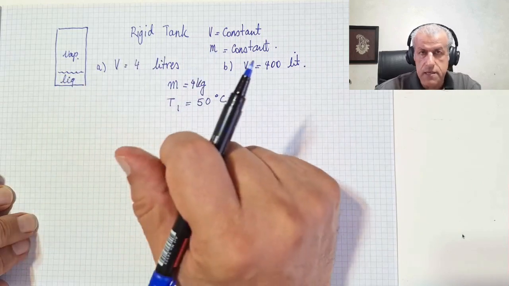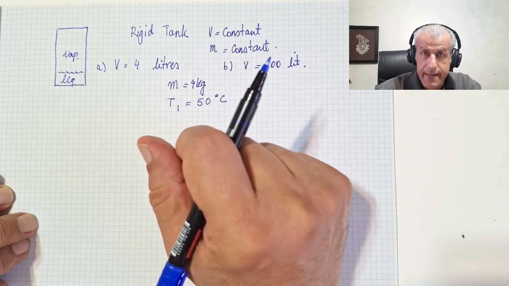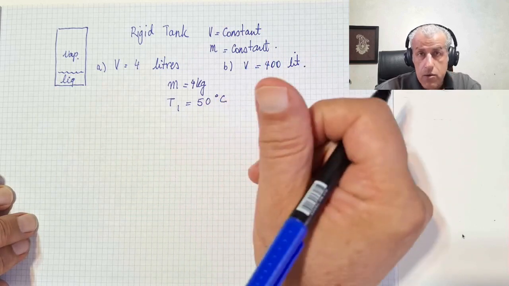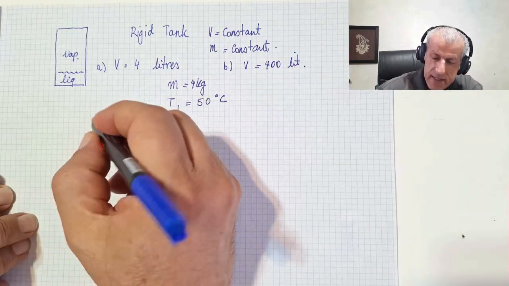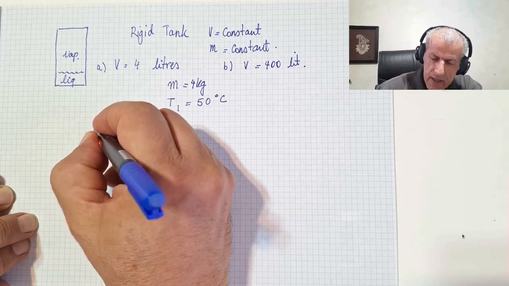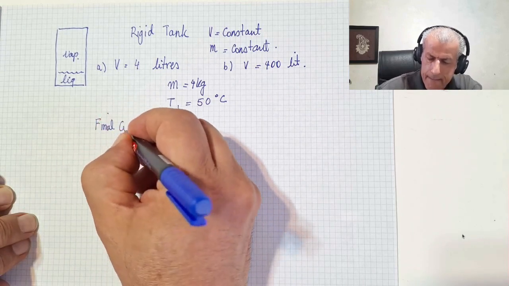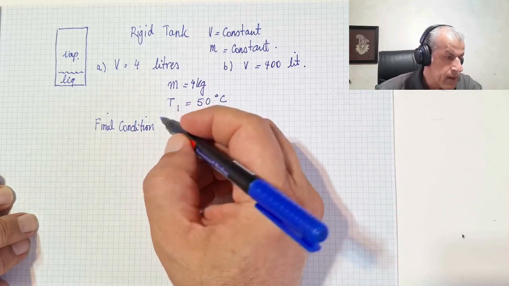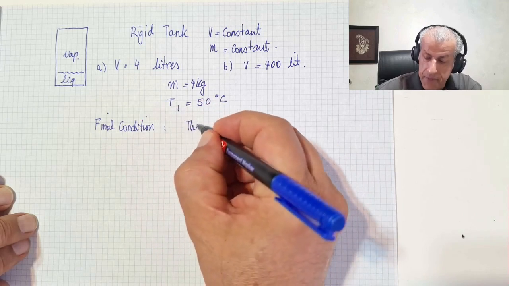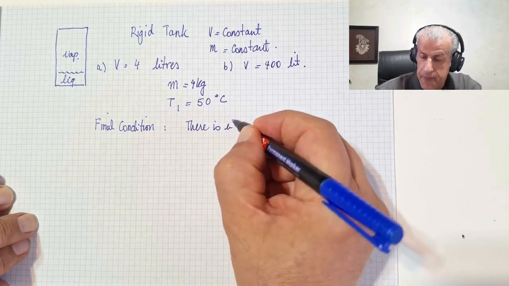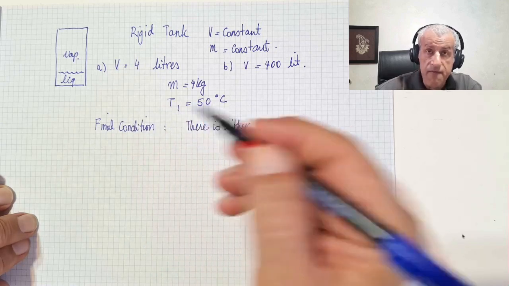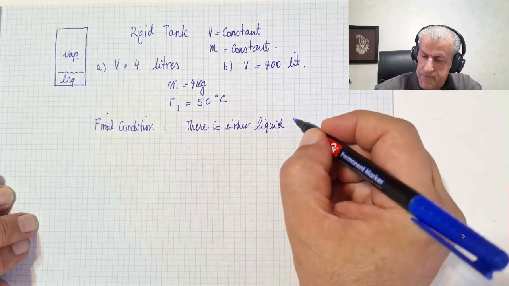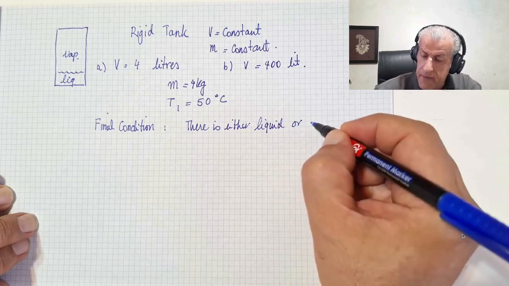Now, we heat this tank, and the final condition could be liquid or could be vapor. The problem tells us that in the final condition, there is either liquid filling the tank or vapor filling the tank.